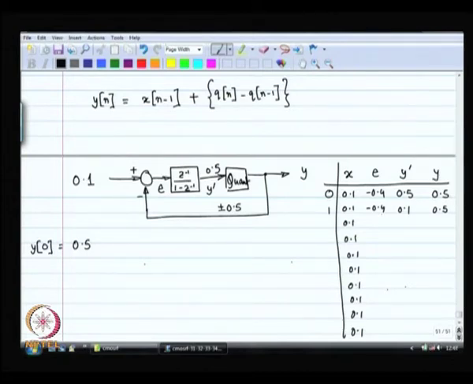Now, the new y hat is going to be minus 0.3, and since the new y hat is minus 0.3, the new y is going to be minus 0.5, which means that my error is now going to be plus 0.6.